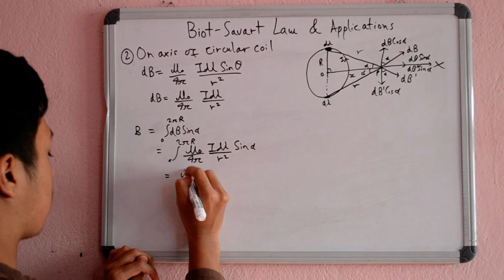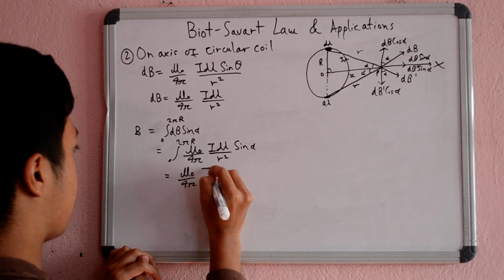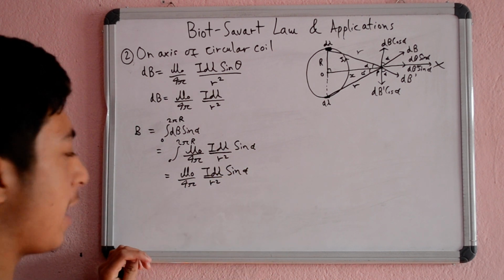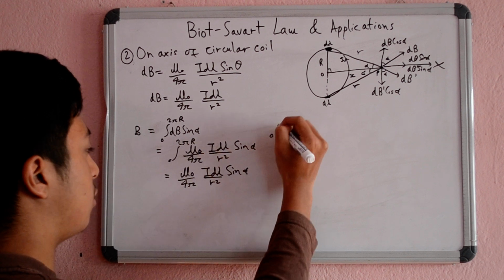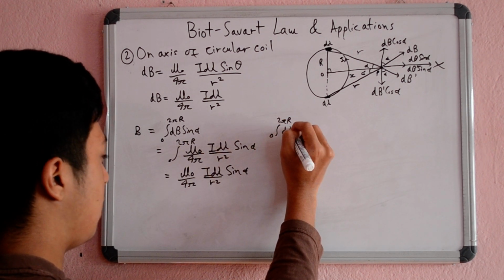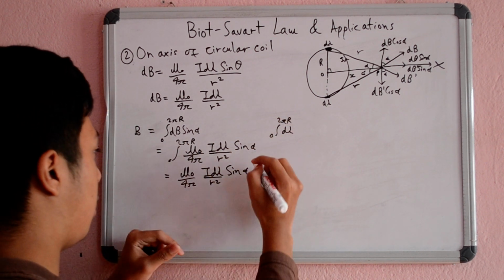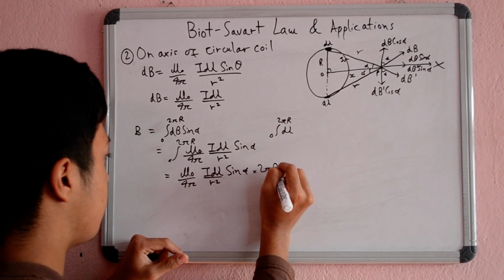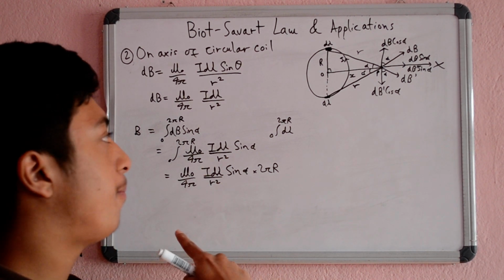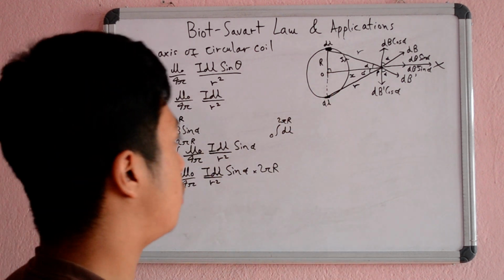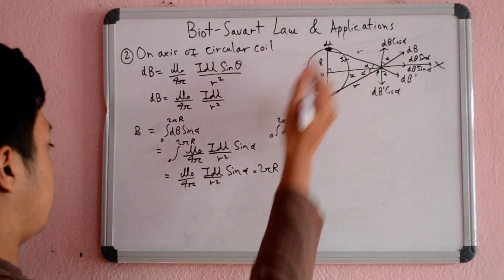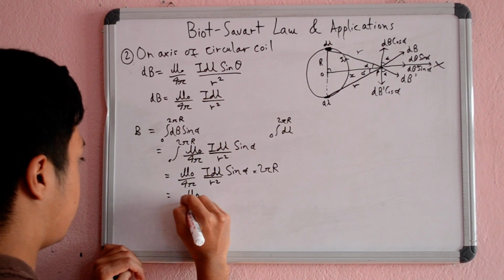Now let's take the constants outside: mu naught by 4 pi I by r square sine alpha, and like in the previous application, the integration of dl gives just 2 pi capital R. Now we can find the value of sine alpha using trigonometry, which will be perpendicular by hypotenuse, R by r.